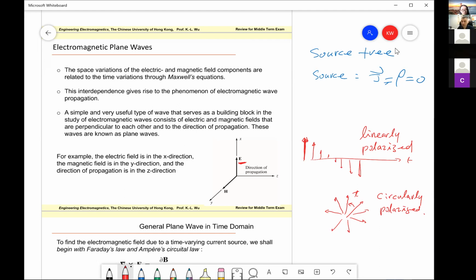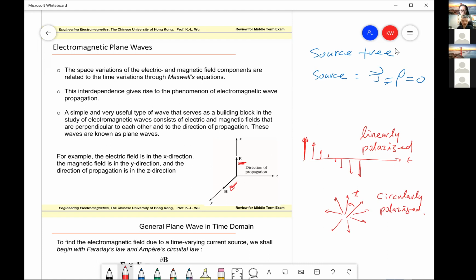So we discussed the plane wave. In the plane wave, we have the electric field polarized in one direction, the magnetic field polarized in another direction. However, the electric field and the magnetic field must be perpendicular to each other. We justified this, we don't reprove it. They must be orthogonal to each other. So if this is the x direction, the magnetic field must be in the y direction or minus y direction.